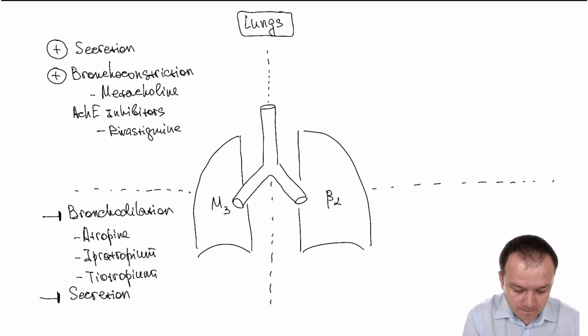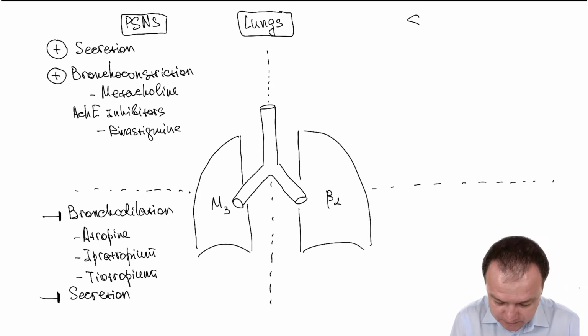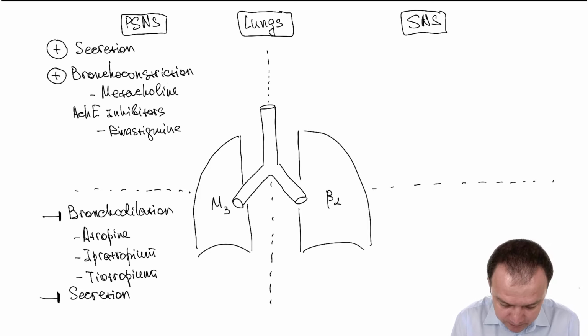So this was about the parasympathetic nervous system. What about the sympathetic nervous system? In the sympathetic nervous system, blockade of beta 2 adrenergic receptors causes bronchoconstriction.